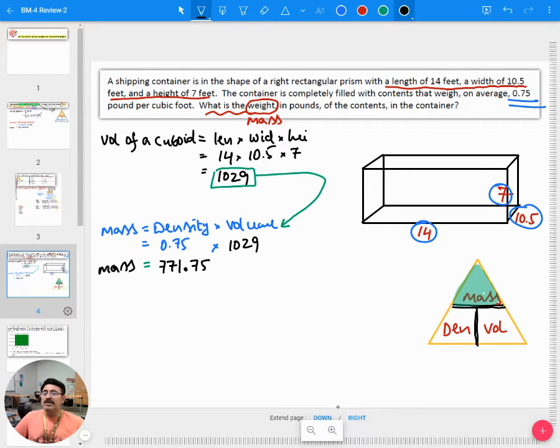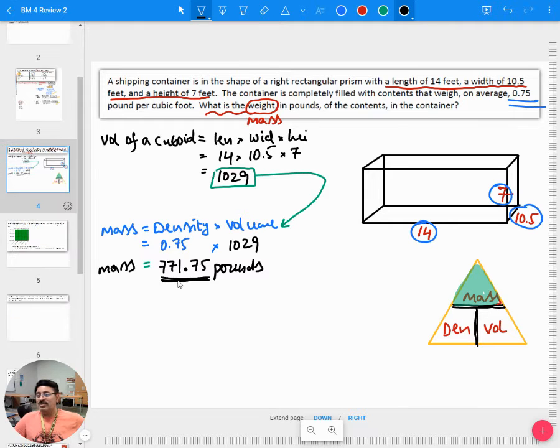What are the units? Without the units, it makes no sense. Here it is pounds. So these many pounds. You may get a doubt whether the container weighs only 771.75 pounds. As I mentioned before, these numbers are taken just to make up a question. Otherwise, sometimes the numbers may not be realistic. Okay, let's go to the next question.